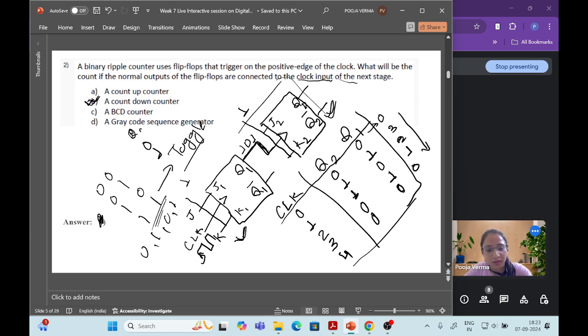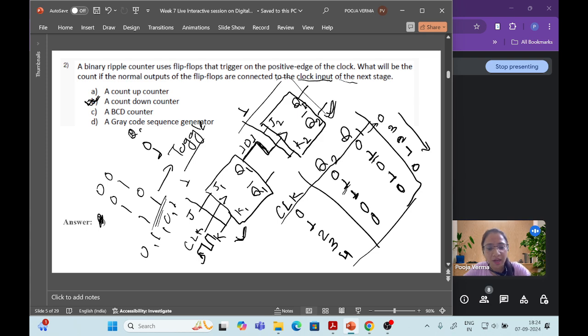So the first flip flop output Q1 will be 1, and then the second flip flop will be activated. Then again the inputs J2 K2 are set to 1, so it will also toggle. Already it is in 0, then it will be 1.